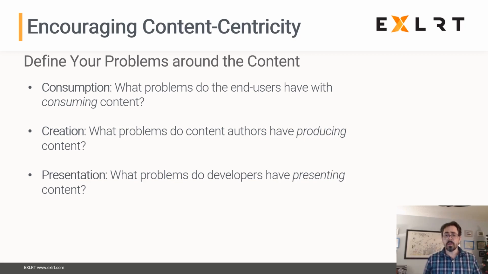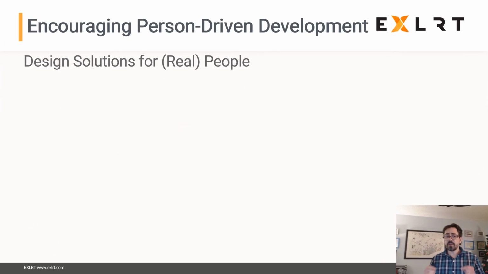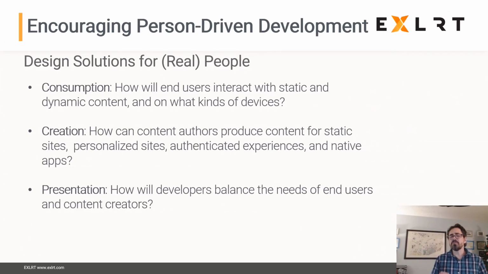Now, once you define your problems, I want you to design your solutions for people, but in those same domains. Because after all, people are the ones that are going to be affected by your solutions. So think about content consumption. How is your end user going to interact with static and dynamic content?